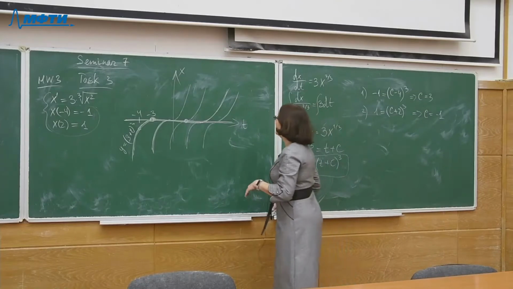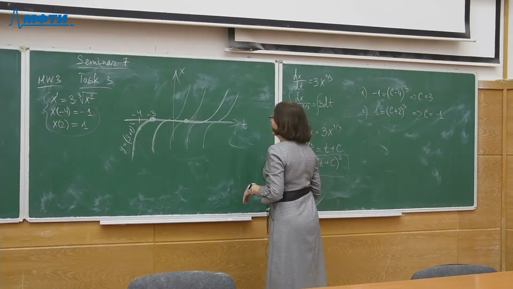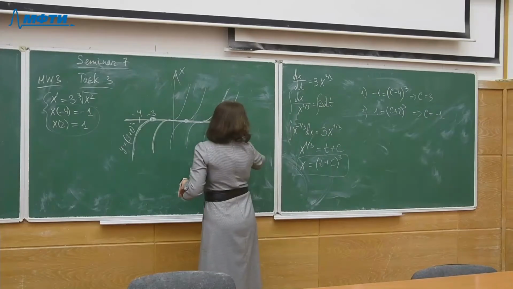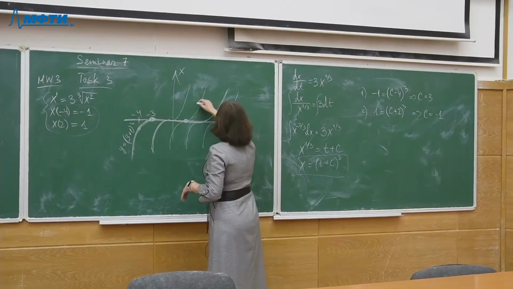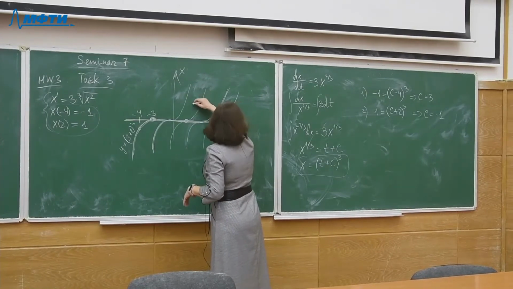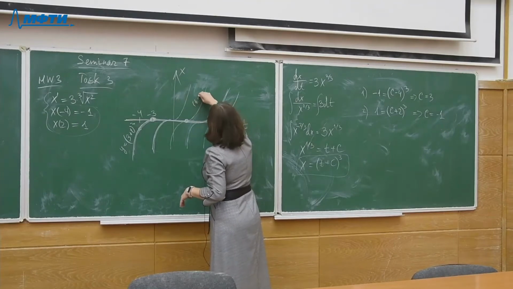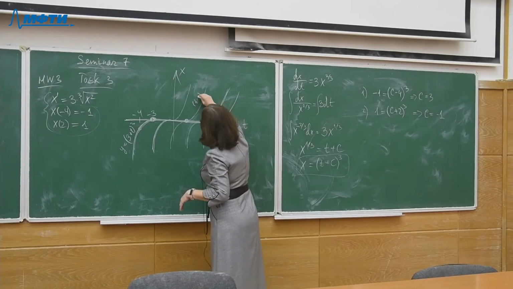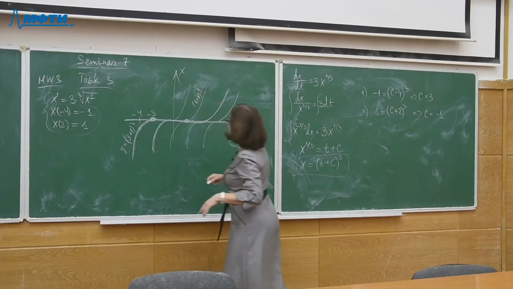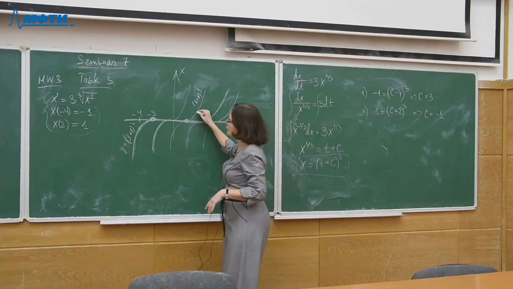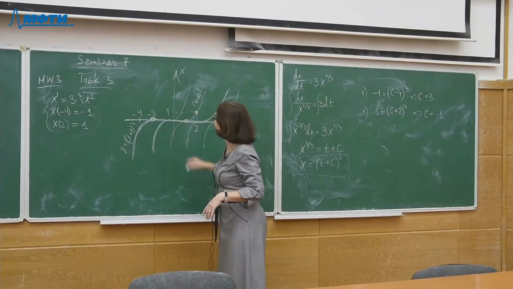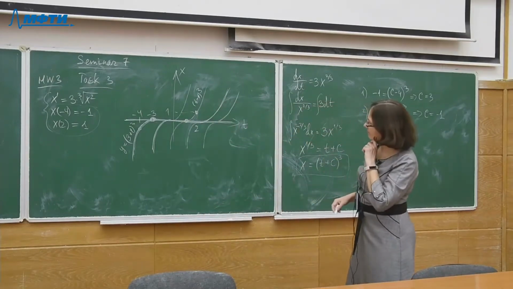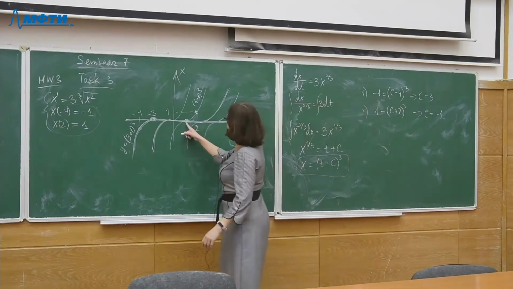And so if c is negative 1, then we have the formula, which is somewhere here. It will be (t minus 1) cubed. It goes through the point 2 and 1. And then this is 1.